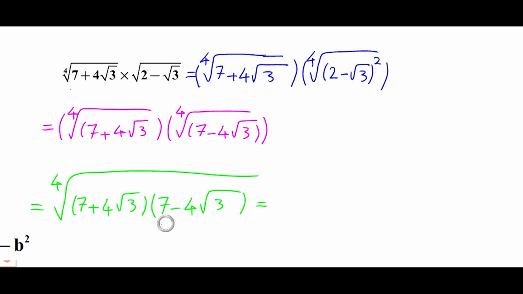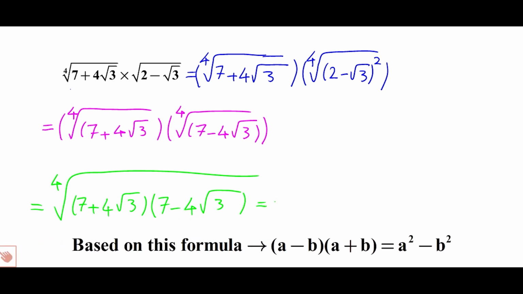Now we have conjugate identities. So we write the fourth root of 7 squared minus 4 times the square root of 3 whole squared.